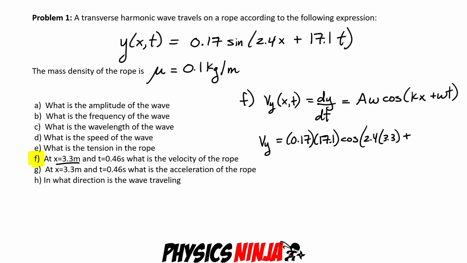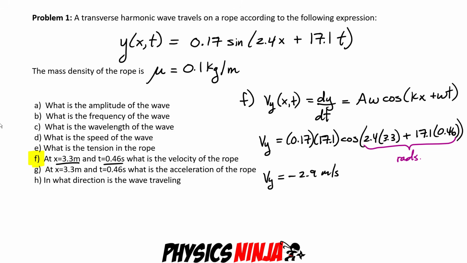And then plus 17.1 is my omega, and I want to evaluate this at exactly 0.46 seconds. Now remember to keep in mind that everything here has to be in radians. Otherwise you're going to get the wrong answer when you use your calculator. So that vertical velocity then ends up being minus 2.9 meters per second.